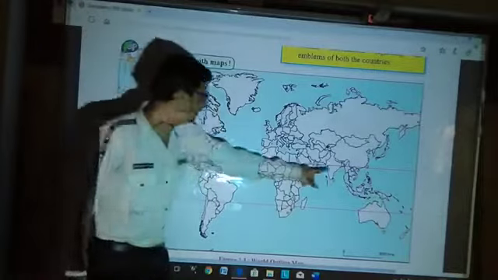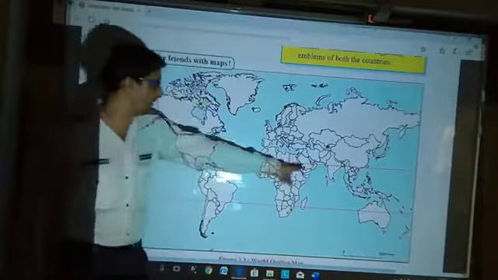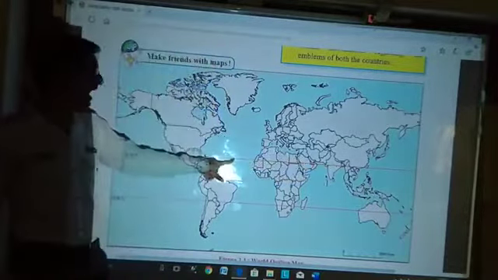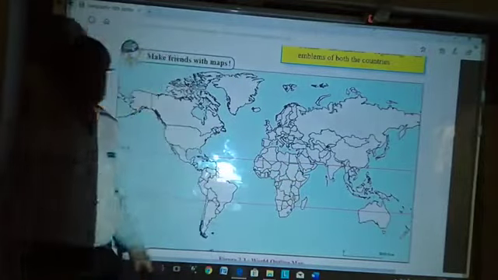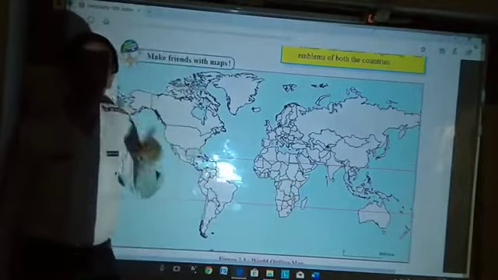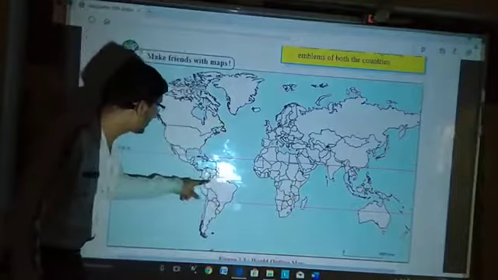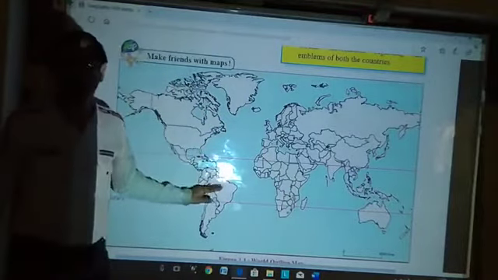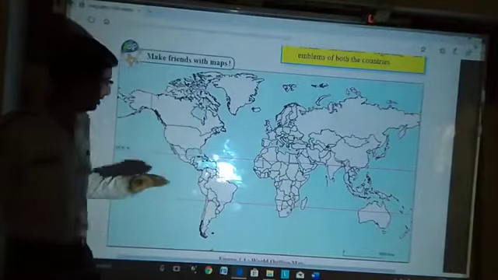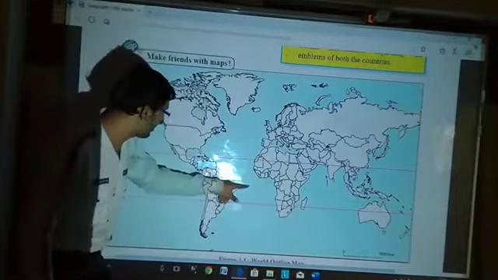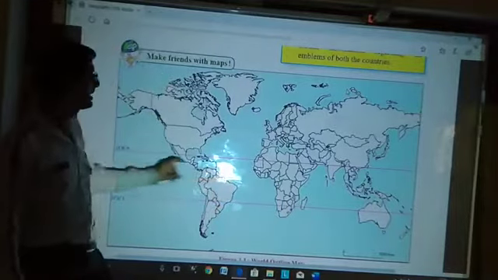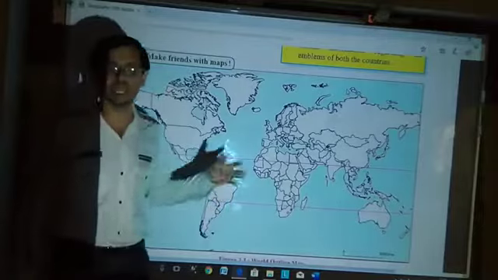So you can see the Tropic of Cancer passes through India, and the equator doesn't pass through India, but it passes through Brazil. It is not shown over here, but the equator passes through some part of Brazil, the upper part of Brazil, you may call it Amazonas.